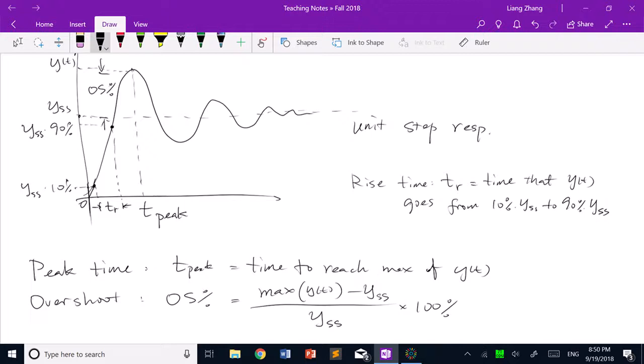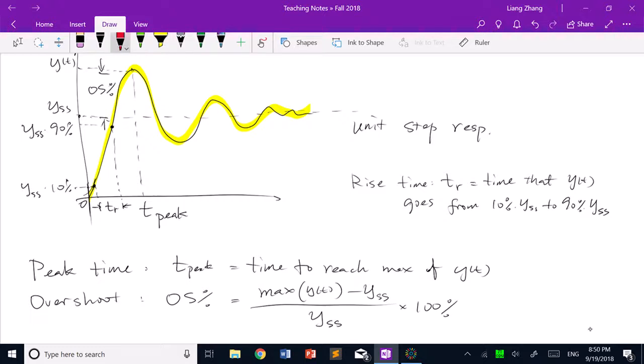But this is only the initial rise, right? After that, there are also some oscillations, although the oscillation will be decaying. What you really want to see is how long it takes such that the oscillation is negligible, or y of t is very close to the steady state.